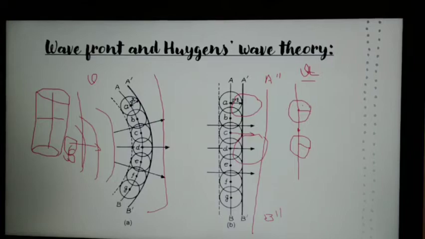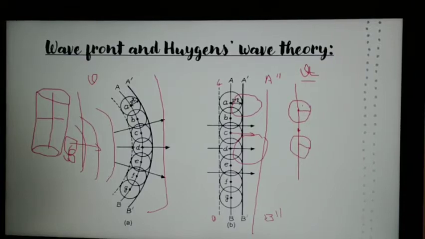So A dash B dash is the new wavefront, and suppose you call the previous wavefront CD. Before, it was at CD. Now it is AB, and after time t it will be A dash B dash. That is the advancing of a wavefront. So that is the propagation of light in the form of waves according to the Huygens wave theory.